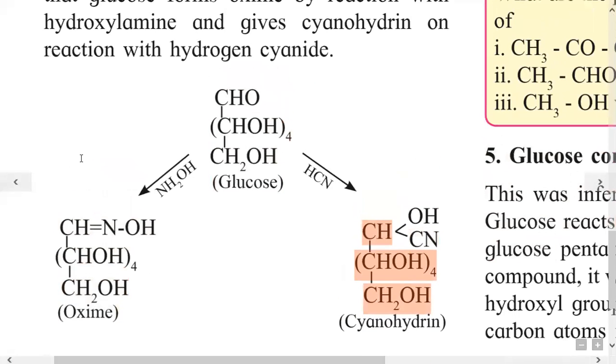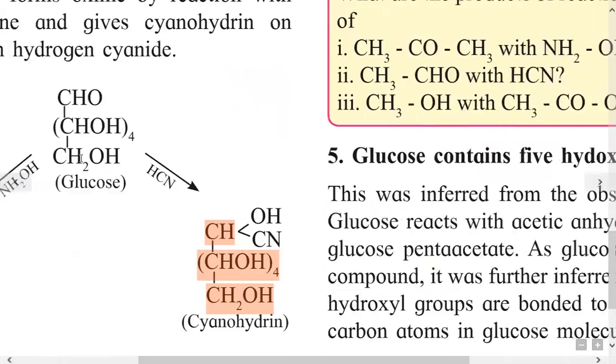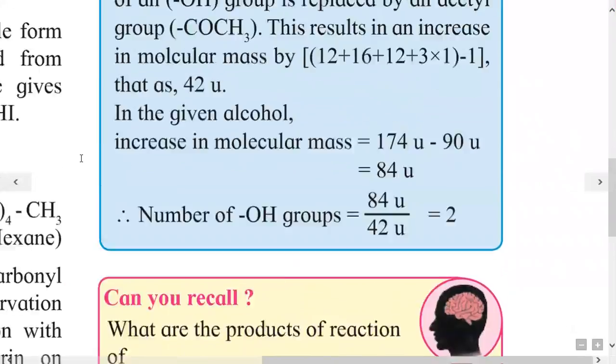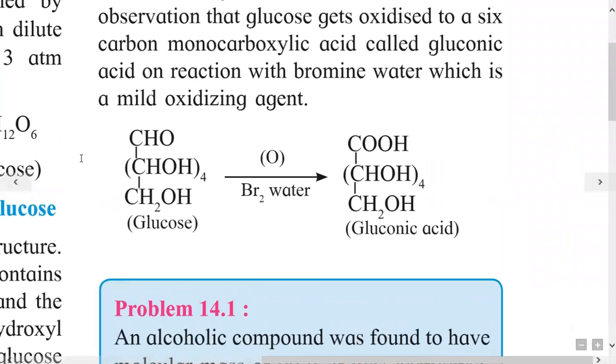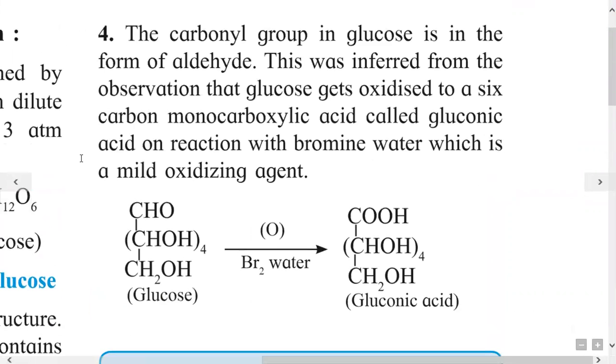So this is the cyanohydrin of glucose. Then the next property of glucose which explains its structure is the fourth property.